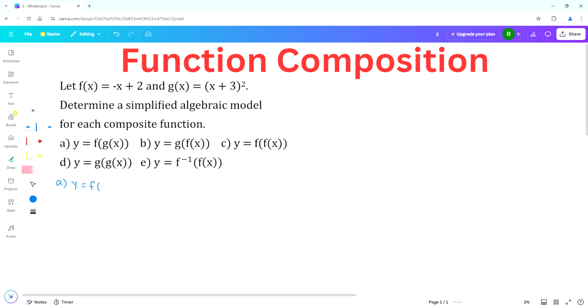As per the problem, g(x) is equal to (x + 3)². So we should replace g(x) with (x + 3)². Next, we should use the function f(x). We should replace x with (x + 3)² in the function f(x).